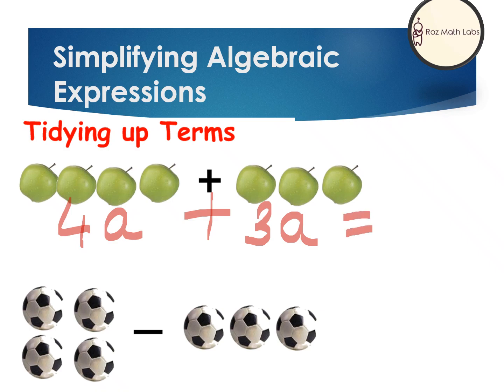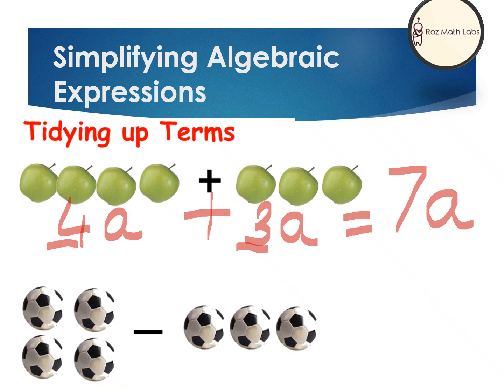So altogether we will have 7 apples. So here we can see that we added the like terms as they both were apples. When we add the like terms, we just add the coefficient for the term. The coefficient is a number before the variable. So 4 plus 3 gives us 7. So the answer is 7a.